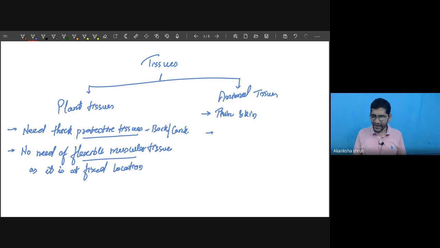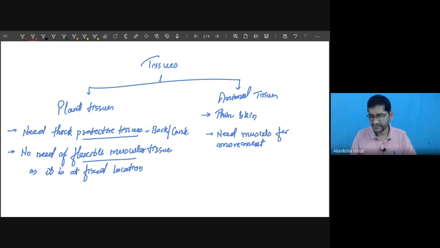But the animal needs a flexible body design to move from one place to another to collect their food or get the food from the plant and other animals. So it needs muscles for movement. Why this movement? To collect their food. We are performing all our activities to collect our food for our life. That is the ultimate purpose.